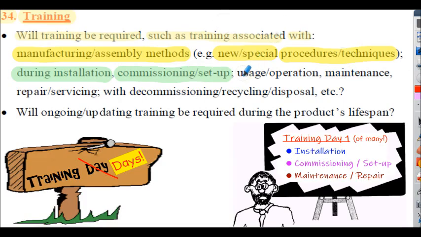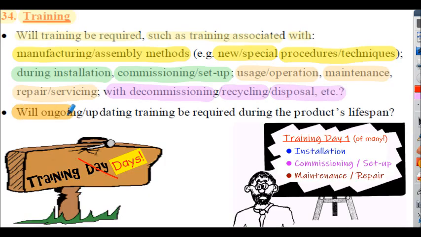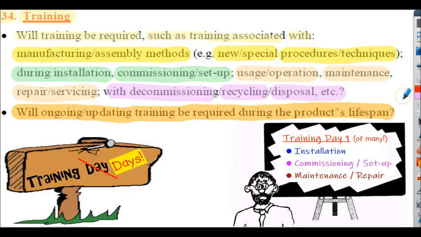Is training required for the usage and operation of the product or system, for maintenance, repair and servicing, or ultimately with decommissioning, recycling, disposal, etc.? Will ongoing or updating training be required during the product's lifespan? Again, all these training needs should be fully considered and outlined within the product design specification.